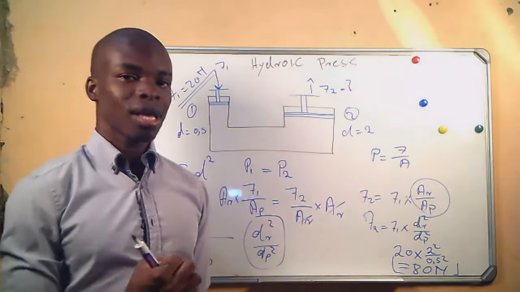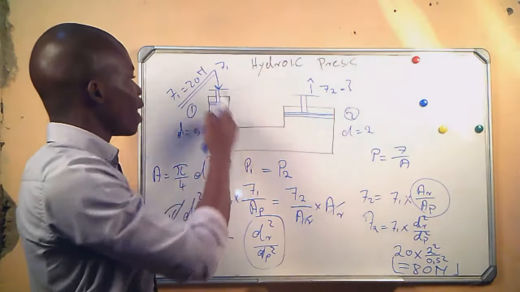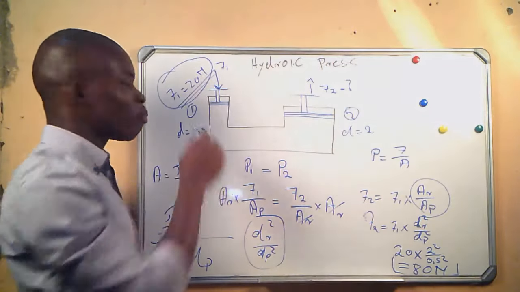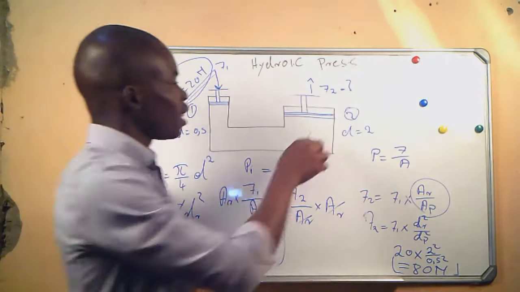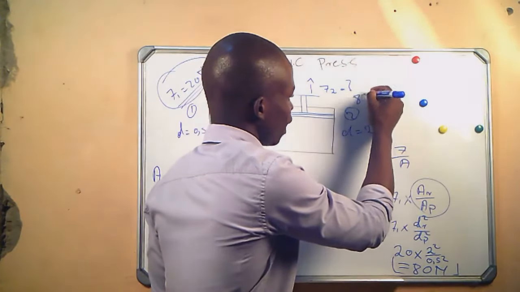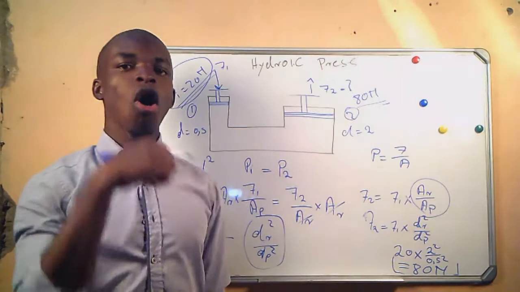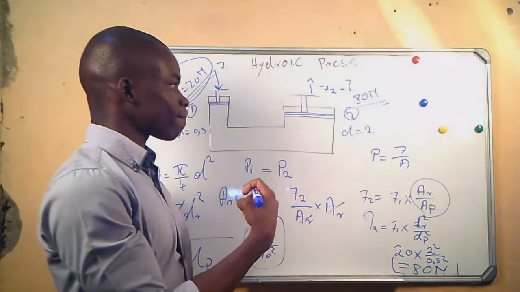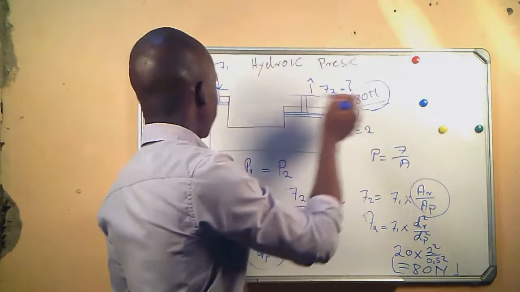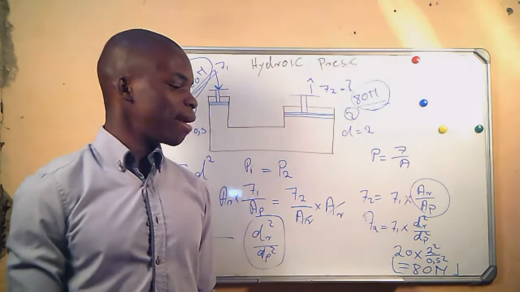It is a force multiplying machine. We use it to multiply the force, since the force that we put in was much smaller than the force that we got on the other side, which is 80 newtons. The main purpose of a hydraulic press is to multiply the force that we put in.